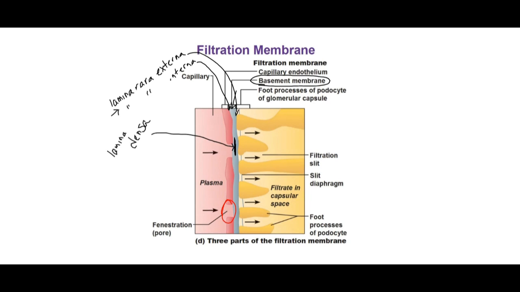The lamina densa blocks things based on size. Okay, so your basement membrane, even though technically it's a membrane, it's not really a cell itself, it is composed of 3 different parts.